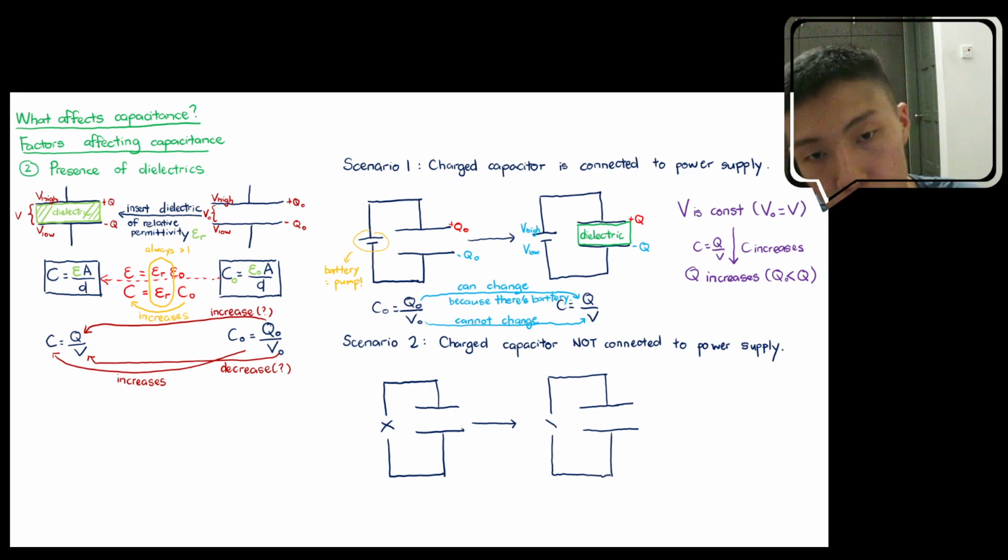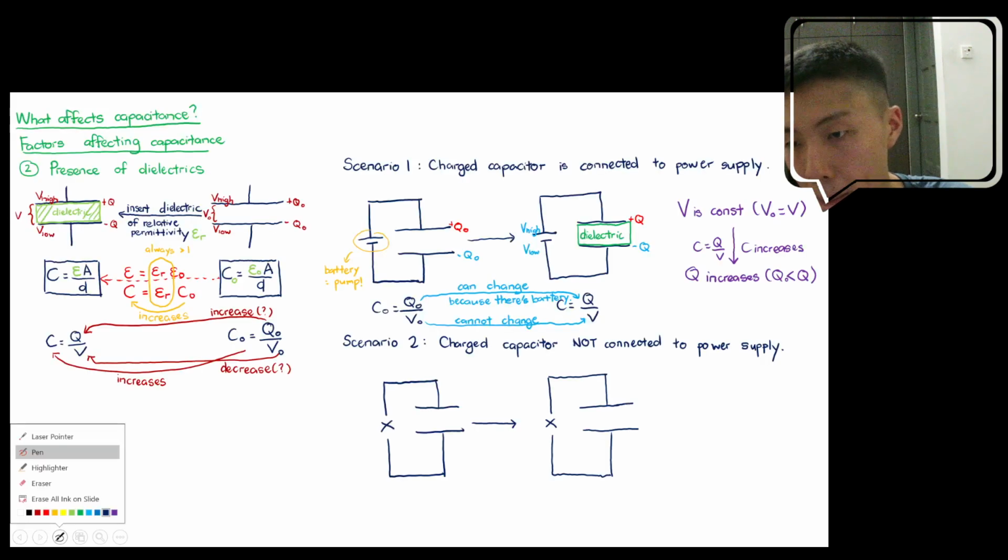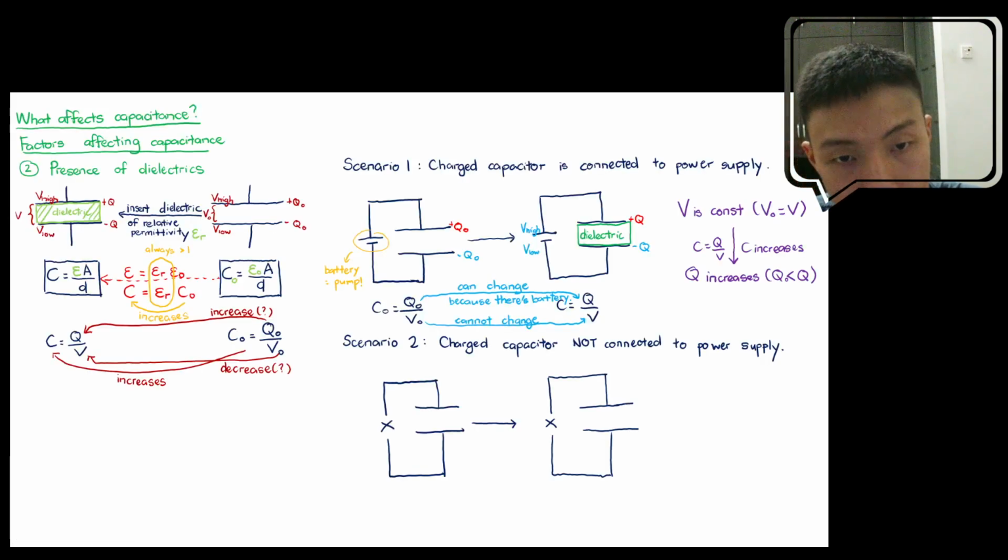If we do not connect it to a power supply and we insert a dielectric inside it, it should fill all the space in between. You should not leave any empty gaps.